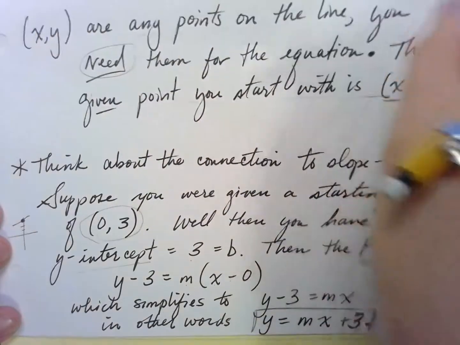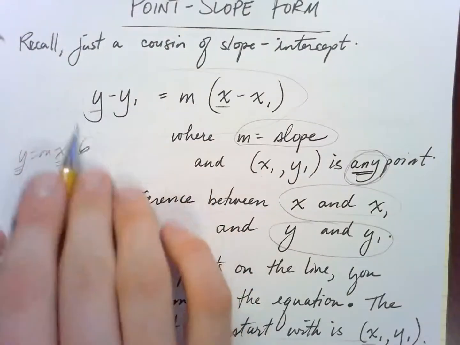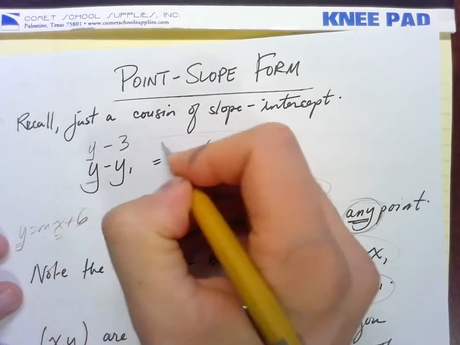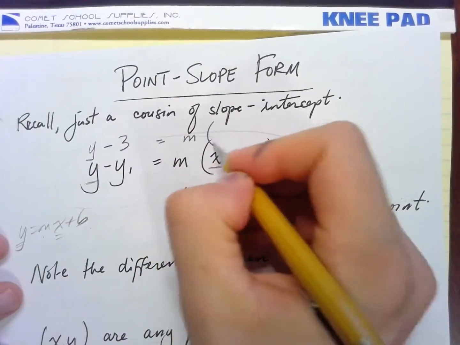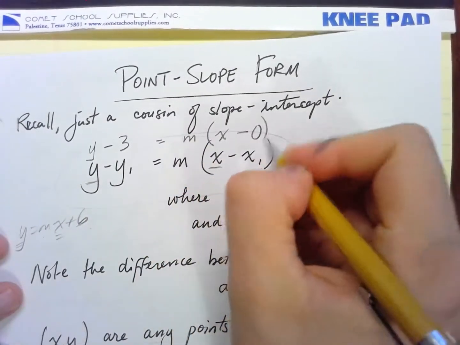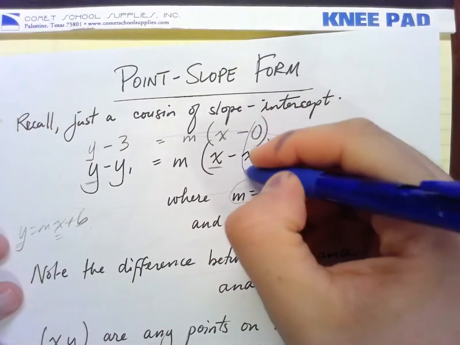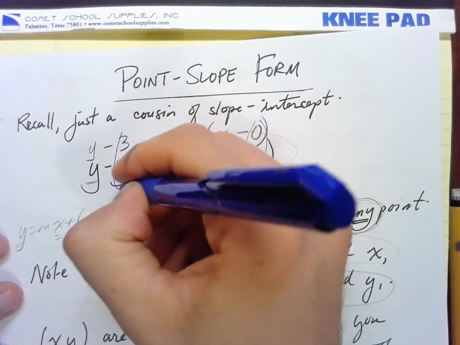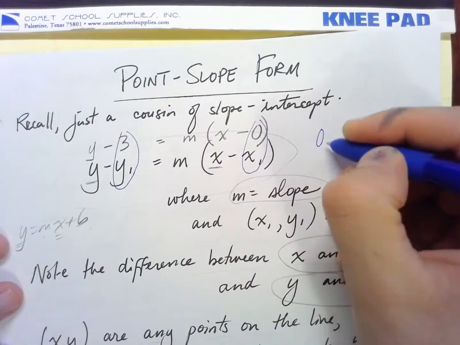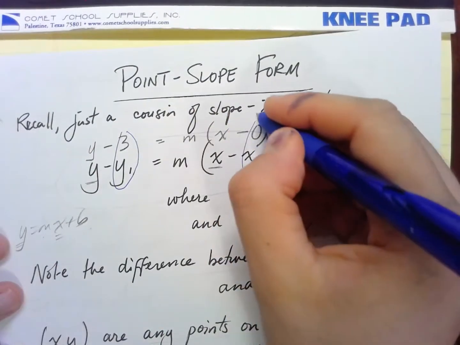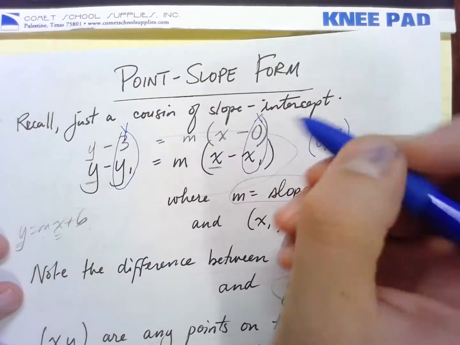We started out with this big messy thing, and we said, okay, if we have y minus 3 equals m times x minus 0, and we knew that because we had the point 0, 3 right there, and again, this was the x, and that was the y.